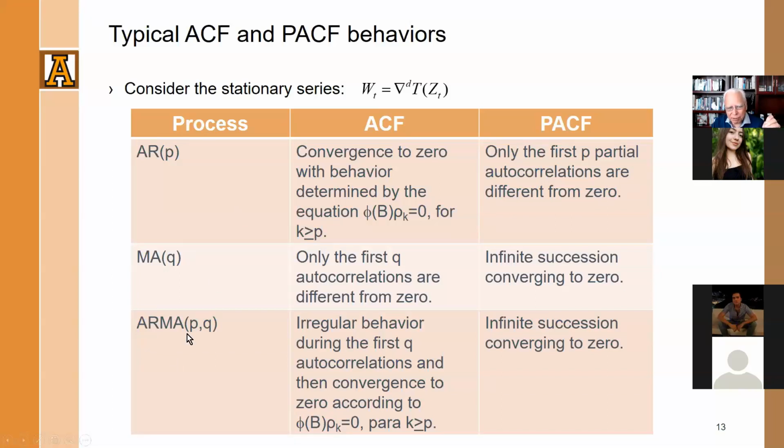In an ARMA(p,q), we have irregular behavior during the first q autocorrelations. So if you look at the ACF, the behavior for an ARMA(p,q) will be irregular for the first q autocorrelations.